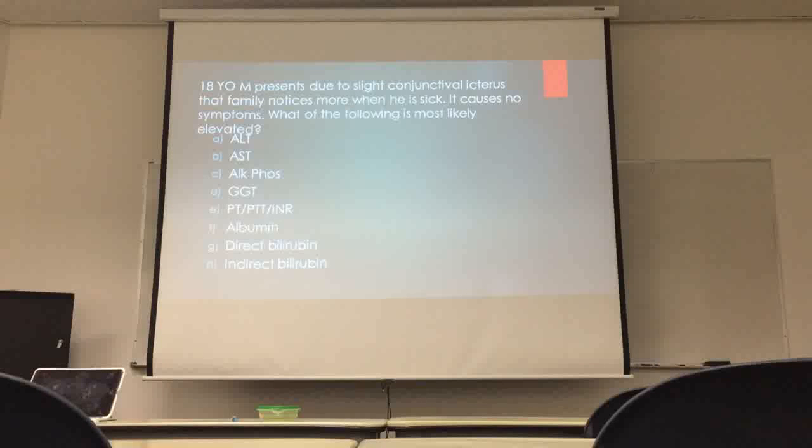What do you think the underlying cause is? He's probably got a mutation in one of his conjugating enzymes. So he probably has some function, but when he's sick, it's overwhelmed. Like your UDP glucuronosyltransferase?